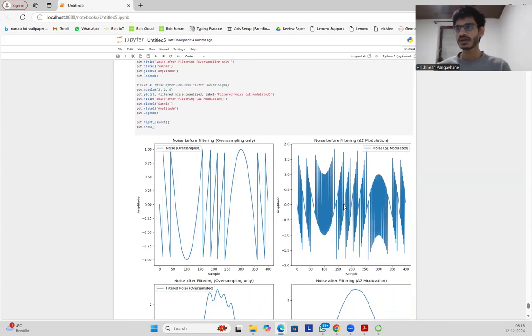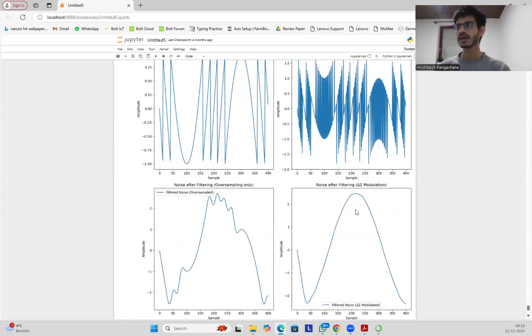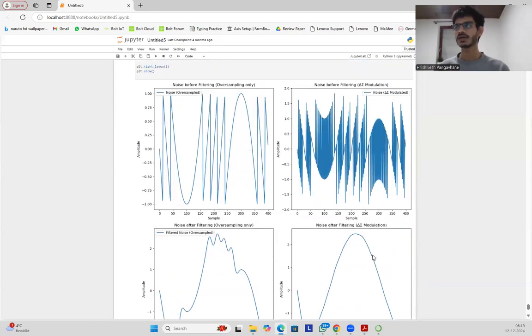This is the noise before filtering for the case with only oversampling, and this is the noise before filtering in the case of delta sigma modulation. When we filter or smoothen it out, the noise is reduced very significantly and smoothly.